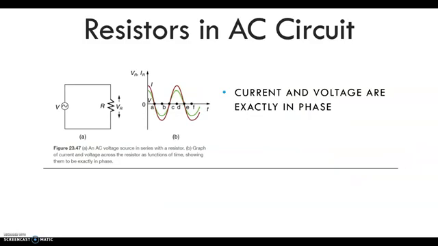Now with the resistor in series with the AC voltage source, the current and the voltage are exactly in phase with each other, unlike with the capacitor and the inductor.